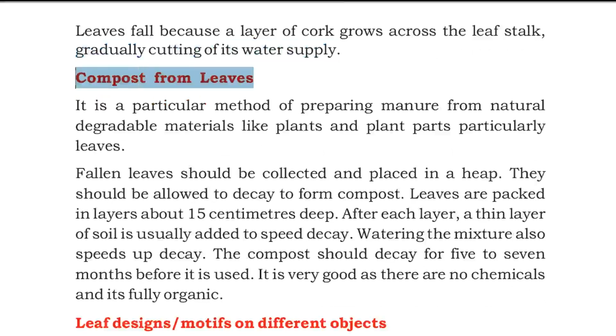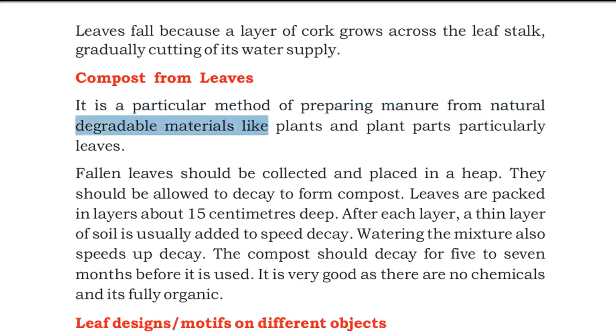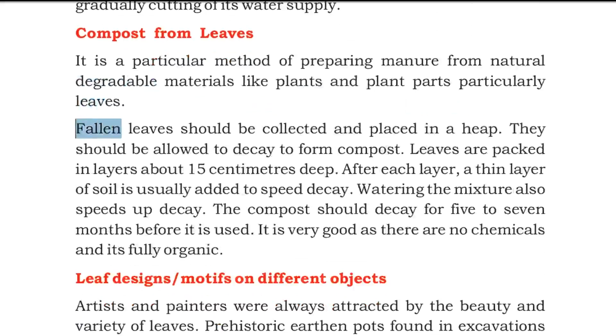Compost from leaves. It is a particular method of preparing manure from natural degradable materials like plants and plant parts, particularly leaves. Fallen leaves should be collected and placed in a heap. They should be allowed to decay to form compost. Leaves are packed in layers about 15 meters deep.